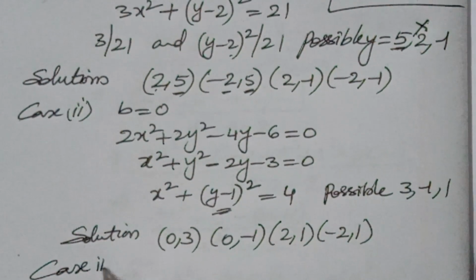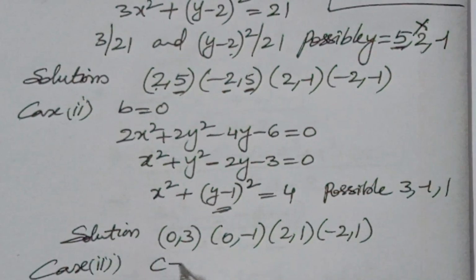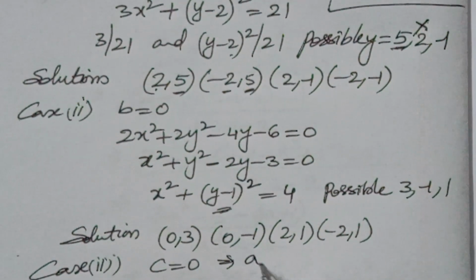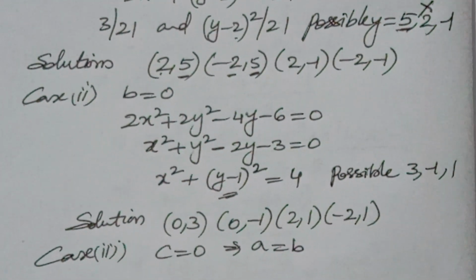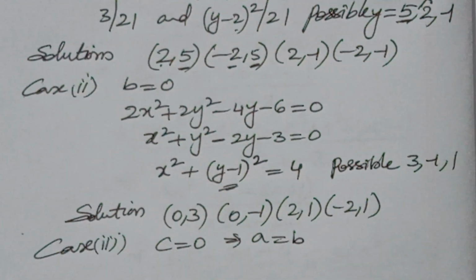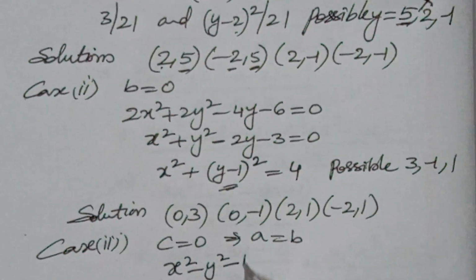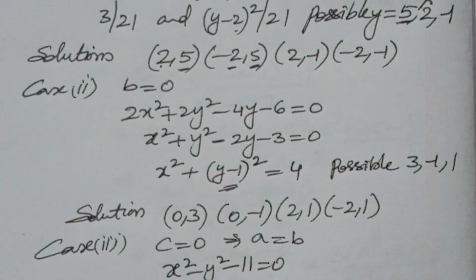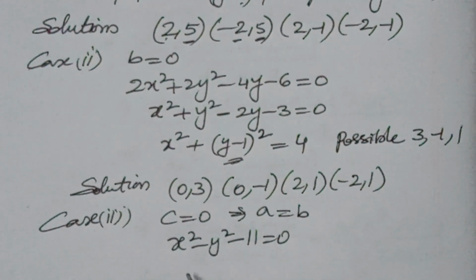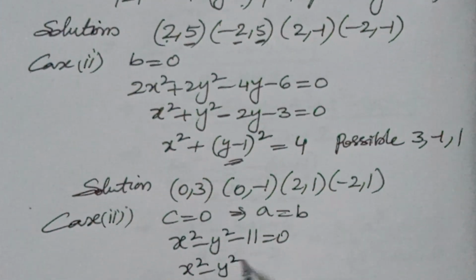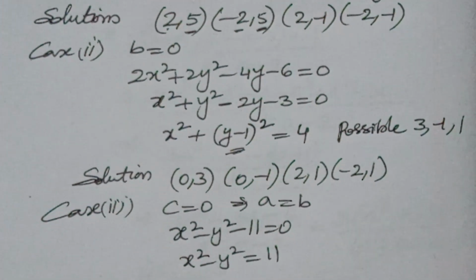Now case 3. C equal to 0. That implies A equal to B. What is C value? X square minus y square minus 11 equal to 0. So here x square minus y square is equal to 11.